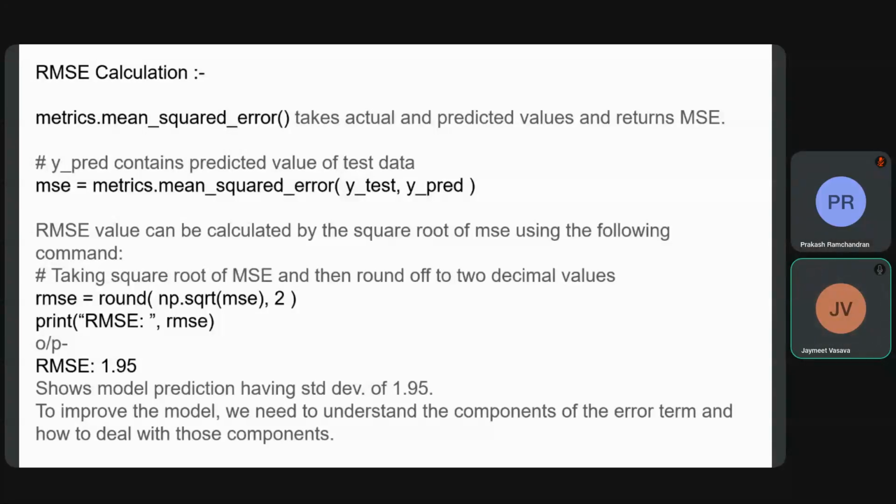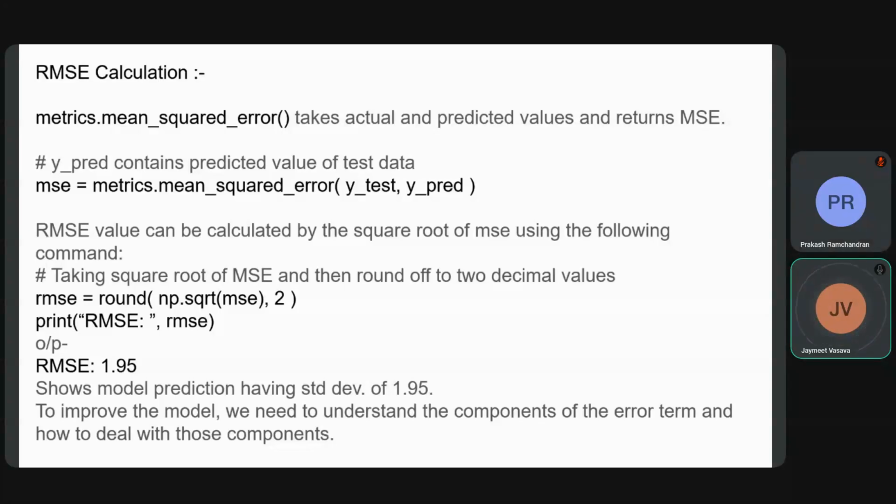So our root mean squared error value is 1.95. So the model predictions have a standard deviation of 1.95.